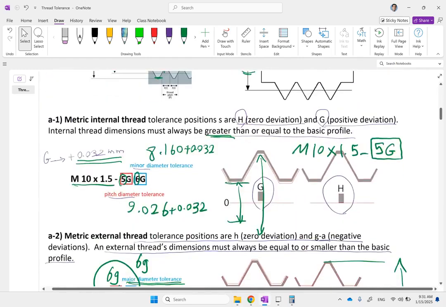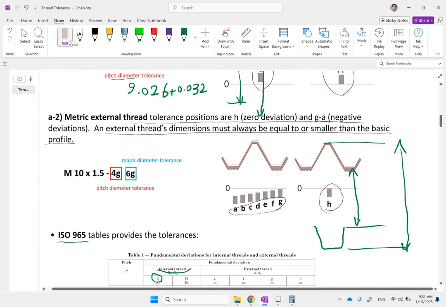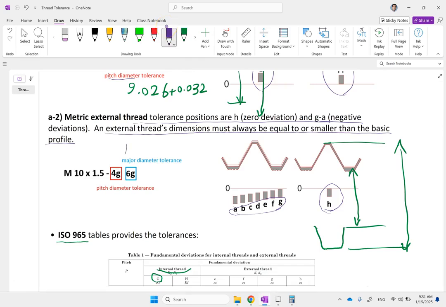And of course, let's do it at the same time for these. In this case, major diameter is of course 10, and pitch was, if you remember, 9.026. So in this case, you should subtract 0.032 from both of them, because g means negative 32 micrometers.